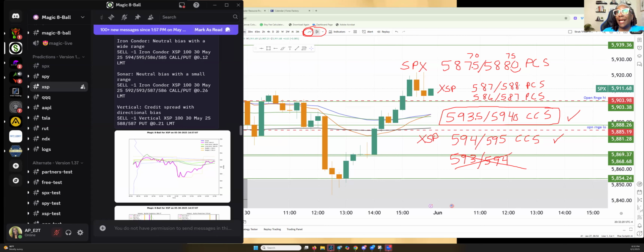Maybe you put one contract at the spot, and then as price moves towards it, you can add to it, which is what I did on Friday. I had a couple contracts at the spots, and then as price moved around, I added to those contracts to get more contracts at the places where we wanted to be already. That's one way to do it.